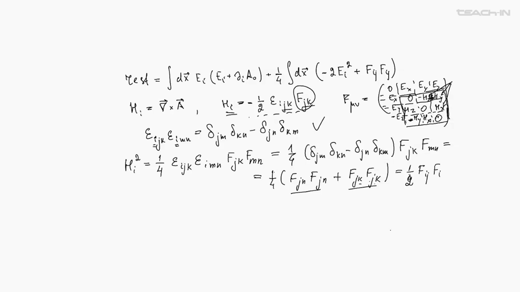This means, in fact, that we can replace in our term here this Fij Fij with h squared.